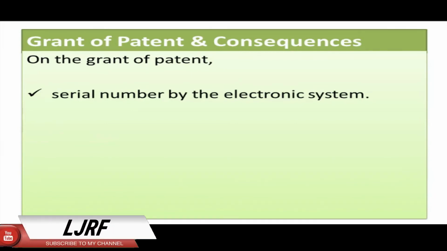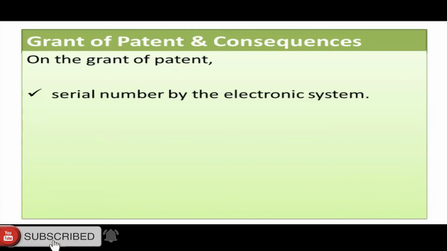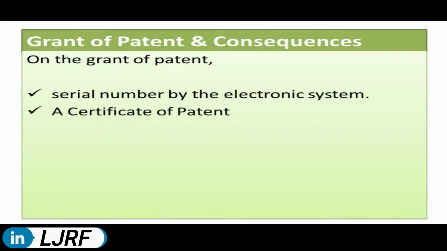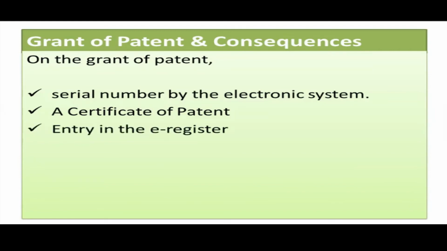That will be a unique serial number granted to every patent, which will be different from any other number. And there will be a certificate. We already had a look at a patent certificate earlier, so we will not spend much time on this. A certificate of patent will be granted, and the entries will be made in the e-register.